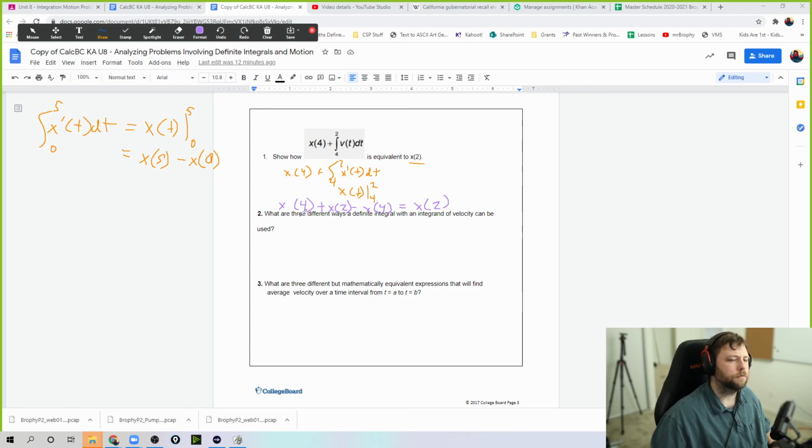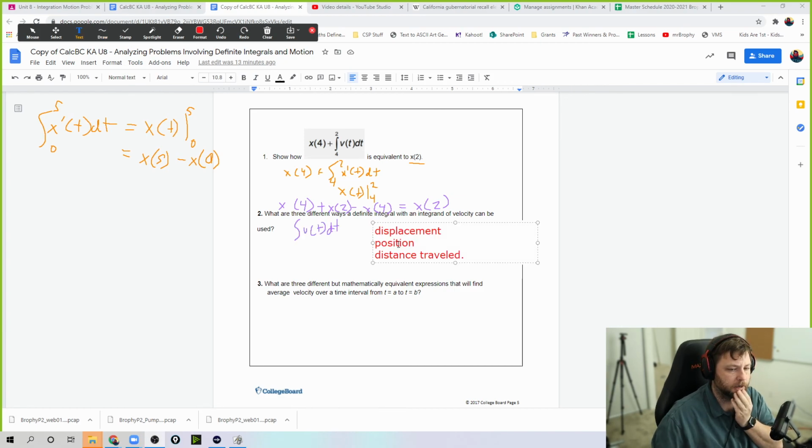If I asked you, what are 3 different ways a definite integral with an integrand of velocity can be used? Oh, geez. I hate questions like this. Let's think. Part 3. So displacement, position, distance traveled. Down above: what are 3 different but mathematically equivalent expressions to find average velocity over time from a to b? That's one. That's the average value of a function.